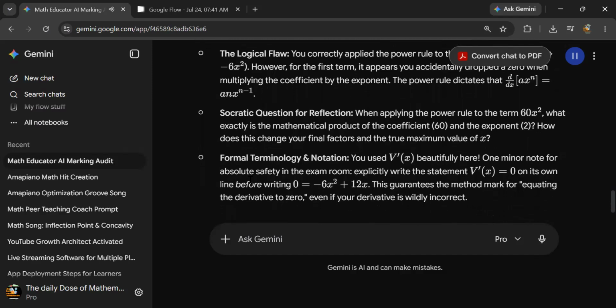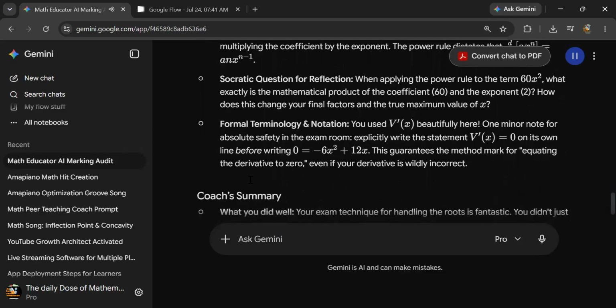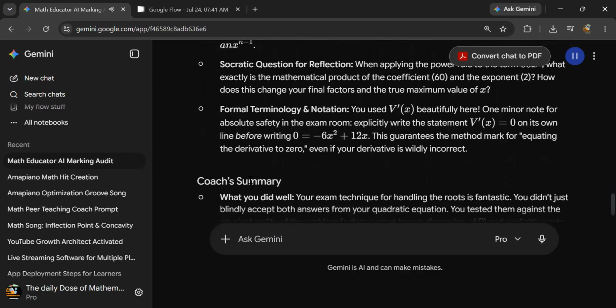Socratic question for reflection: when applying the power rule to the term 60x squared, what exactly is the mathematical product of the coefficient, 60, and the exponent, 2? How does this change your final factors and the true maximum value of x? Formal terminology and notation: you used V(x) beautifully here. One minor note for absolute safety in the exam room.